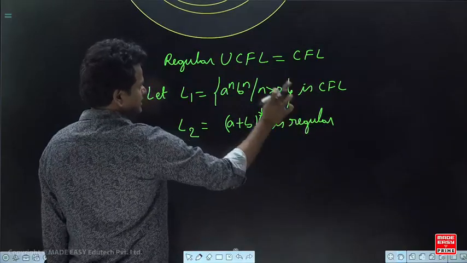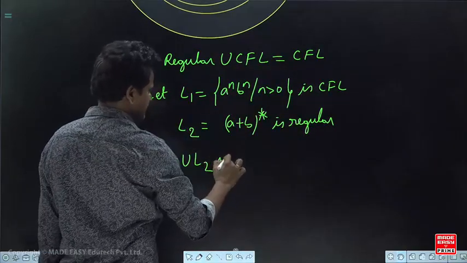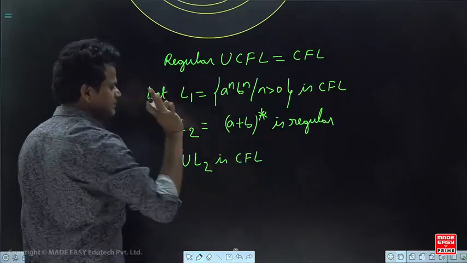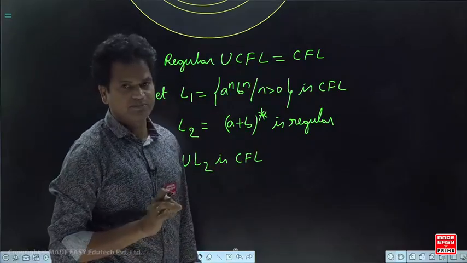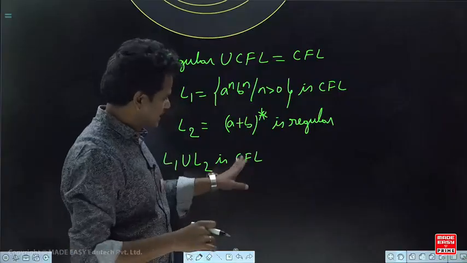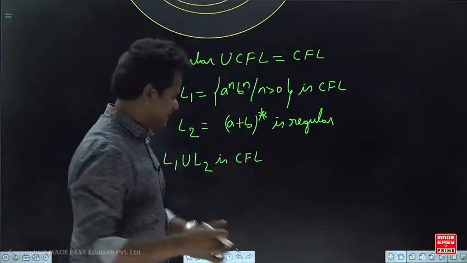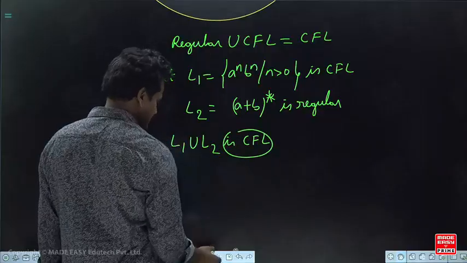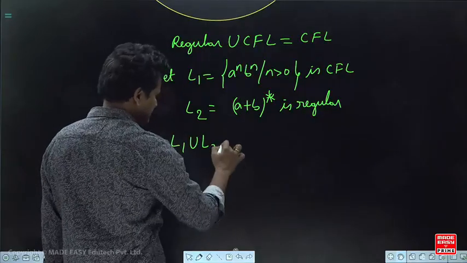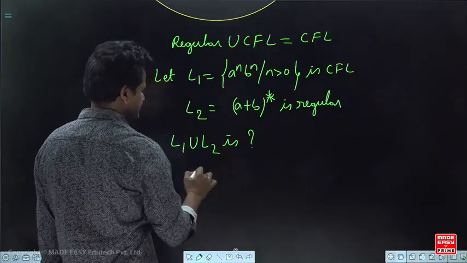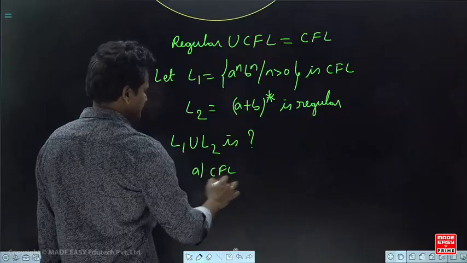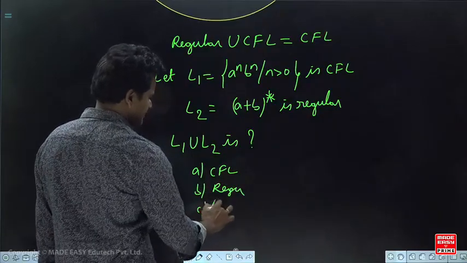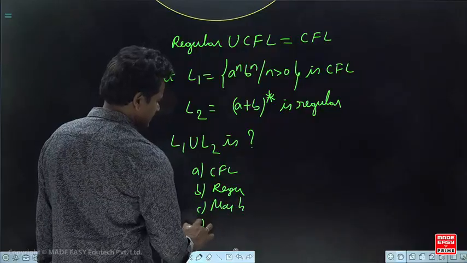CFL union regular is CFL. So L1 union L2 is CFL, but that is not a perfect answer. Of course, it is an answer, but not perfect. So if they ask you in the options: A CFL, B regular, C may be regular, D may be CFL.